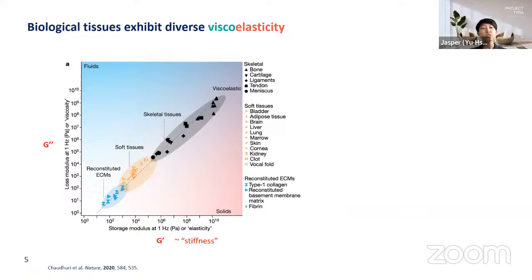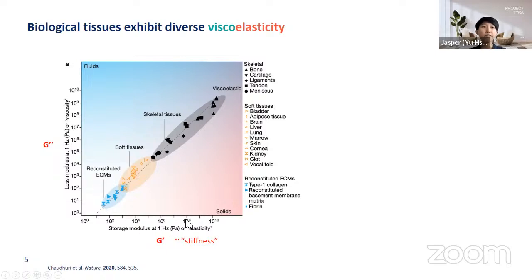If we look at biological tissues, it is actually not a simple elastic or viscous material system. On this graph, you can see on the x-axis, we have the stiffness or the elasticity called G prime. On the y-axis, it's called viscosity, labeled as G double prime.